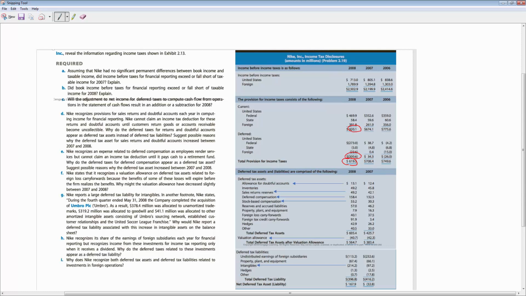So when you prepare the income statement, you deduct 619.5 tax expense from revenue to calculate net income. But when you prepare the operating section of the statement of cash flow, because you subtracted less before, now you should subtract more. What amount should you subtract from net income? Yes, the difference. So the answer to question C is that the adjustment to net income to compute cash flow from operations will be a subtraction, because the cash payment is larger than the income tax expense.